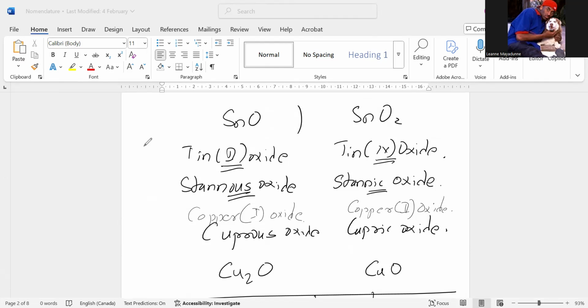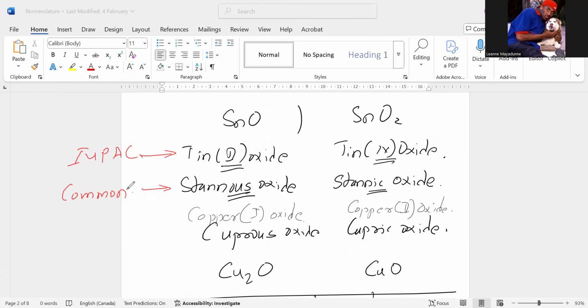Now, I wanted to talk about that. This, I told you, is the IUPAC way of nomenclature, right? And this is the common way. So there are two systems, the common system and the IUPAC system.